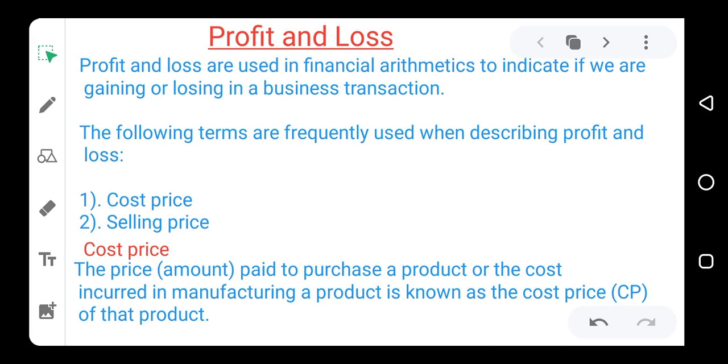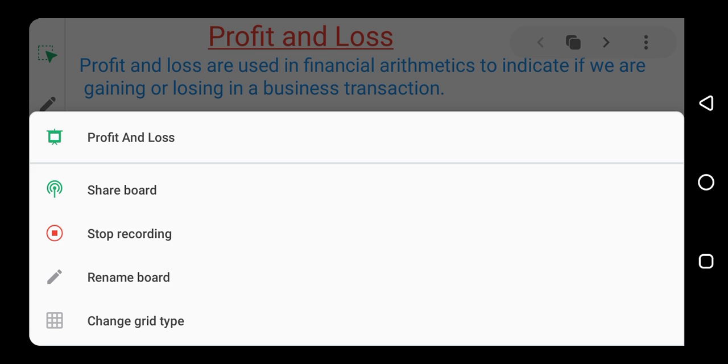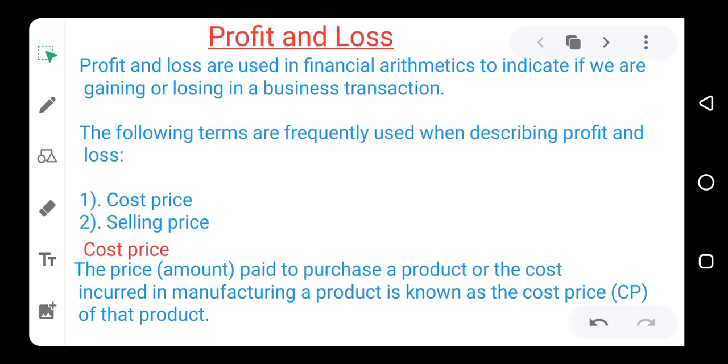The cost price of a product is the amount of money we pay to purchase a product.